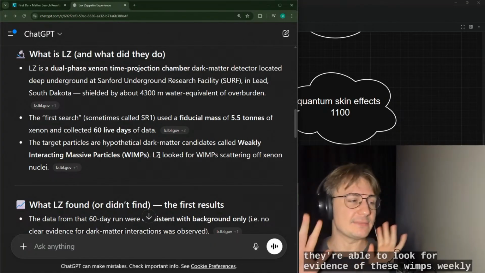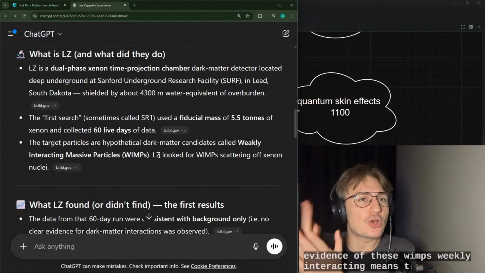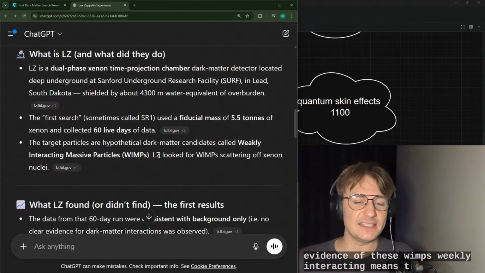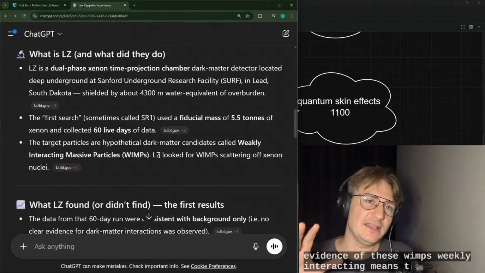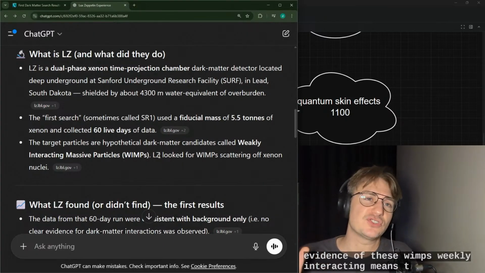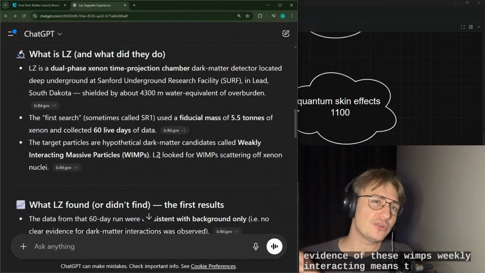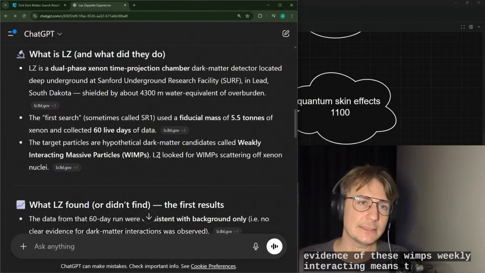Weakly interacting means they're not going to be bumping into a lot of the environment around them, which makes these particles extremely difficult to detect. But if you can find these particles, then you can make a strong statement about CP violation in the universe. Because there's so much missing dark matter and dark energy, finding these particles could represent a pathway to closing the door on some of the inconsistencies in our model.